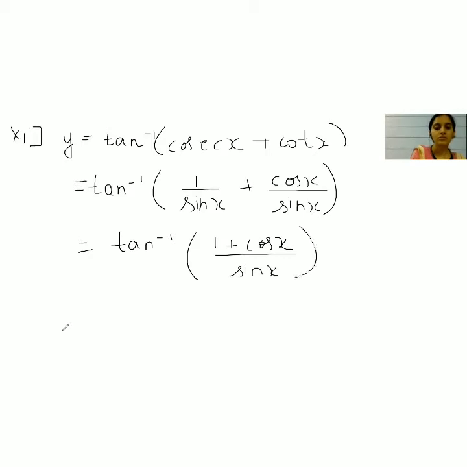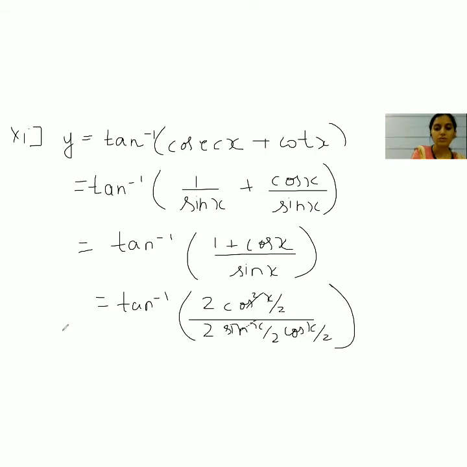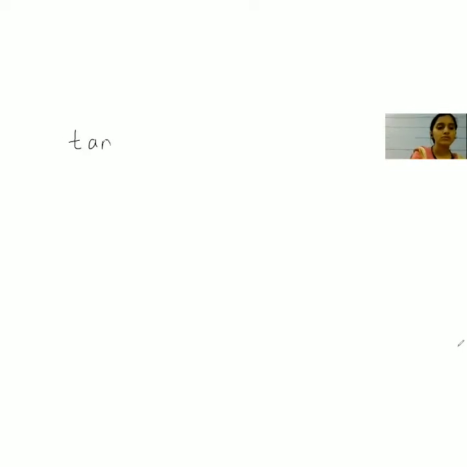correct? Which can be written as tan inverse of 1 plus cos x is 2 cos square x by 2, right? And sin x can be written as 2 sin x by 2 cos x by 2, right? So 2 cancels out and 1 cos cancels out. So we have tan inverse of cot x by 2 left with us.